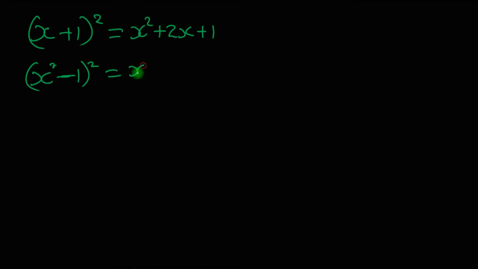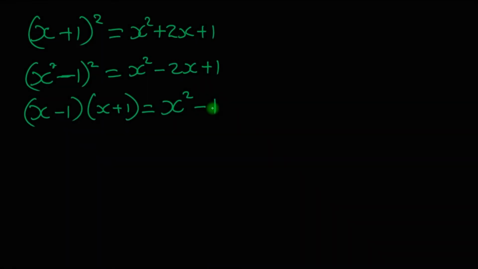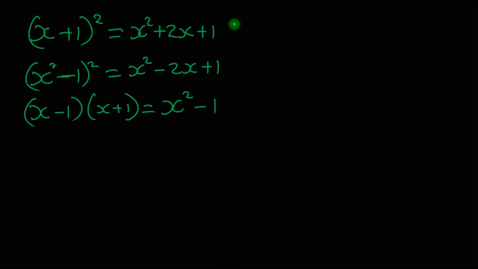We end up getting x squared minus 2x plus 1. The other one is x minus 1 multiplied by x plus 1. We end up getting x squared minus 1. And for this, we can come up with a conclusion of getting quadratic identities.